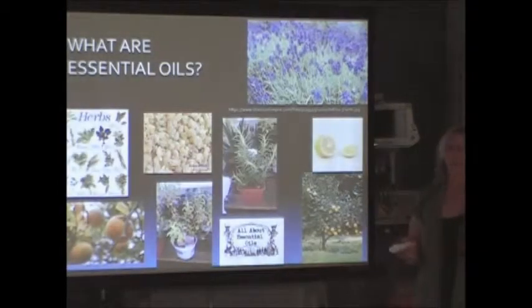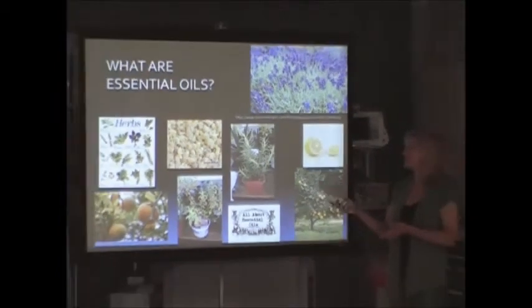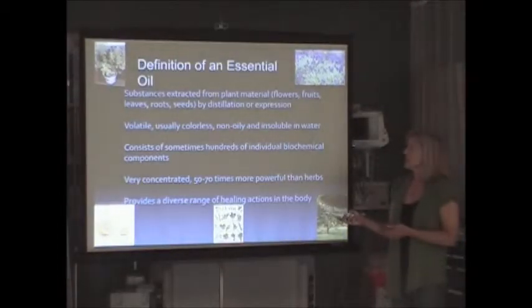So what are essential oils? You may know? Nobody? Plant parts. They're extracts from stems, roots, flowers, resins, seeds, fennel seed. So you can get them from any part of the plant, and it's from distillation or expression.